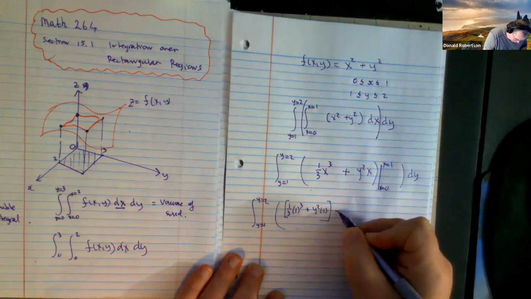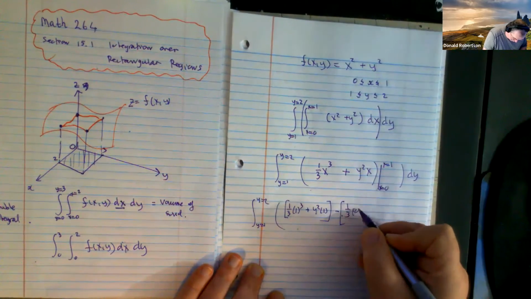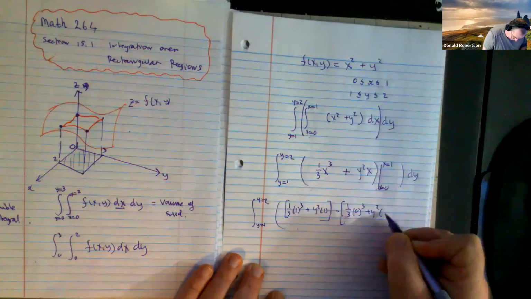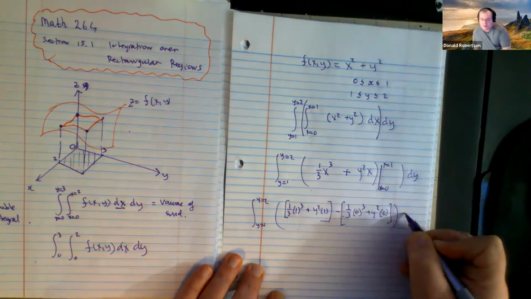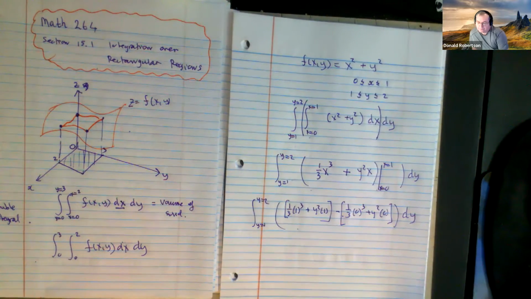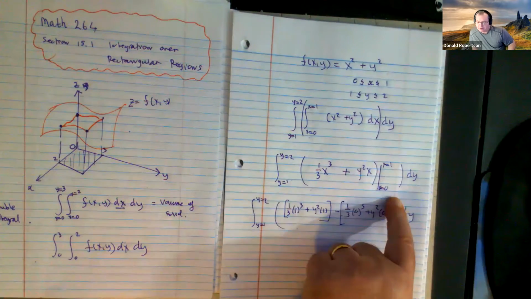Take away 1/3 times 0 cubed plus y squared times 0 dy. Are you happy about that? Right. Plugging x equals 1 in, you get this. Plugging x equals 0 in, you get this.